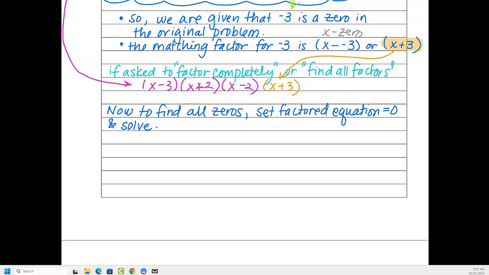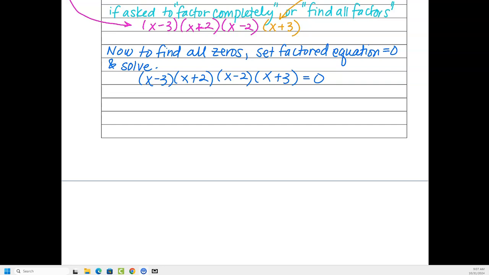So I'm going to take the x minus 3 times the x plus 2 times the x minus 2 times the x plus 3, and we're going to set that equal to 0. So either x minus 3 equals 0, so x is 3.